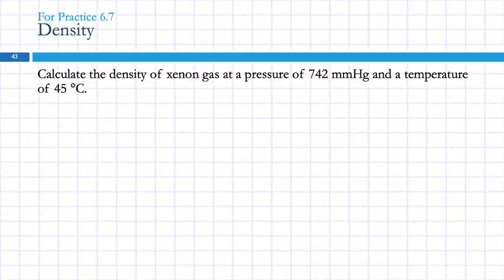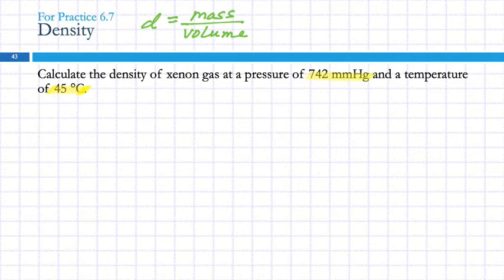Calculate the density of xenon gas at a pressure of 742 millimeters of mercury and a temperature of 45 degrees Celsius. This is not STP, we can't use 22.4. Well, what are they giving us? 742 millimeters of mercury and 45 degrees Celsius. We're looking for the density. Density is equal to the mass divided by the volume.